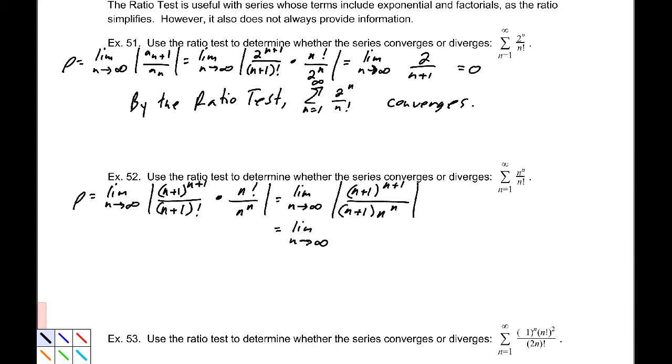So we can cancel one of those, the n plus 1, to make this just n plus 1 to the n. And then we have the exponent of n we can apply to both of those two things, and this is all going to be positive. So this is going to be n plus 1 over n to the nth power, which, if you recall a little bit of calculus 1, that is equal to 1 plus 1 over n to the n, which is e.